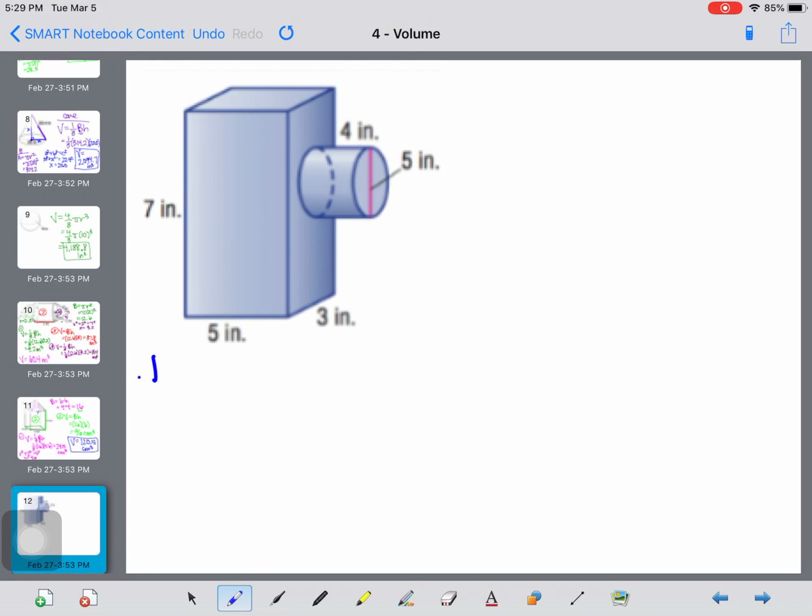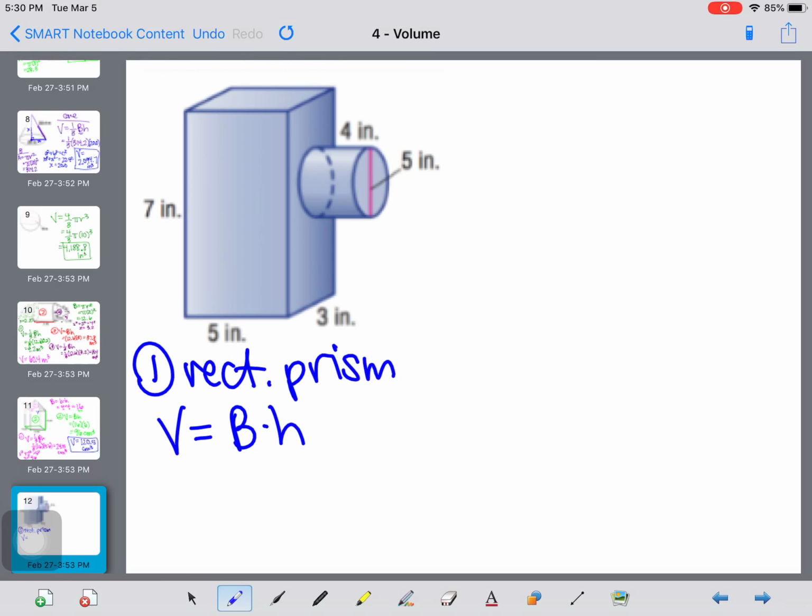So once you are done, my first region we can take as this rectangular prism, which means I'm going to do big B times little h. You can pick any base you want here, just based on how the problem works. So say I pick this bottom, the 5 by 3. That means my big B is 5 by 3, which is 15.